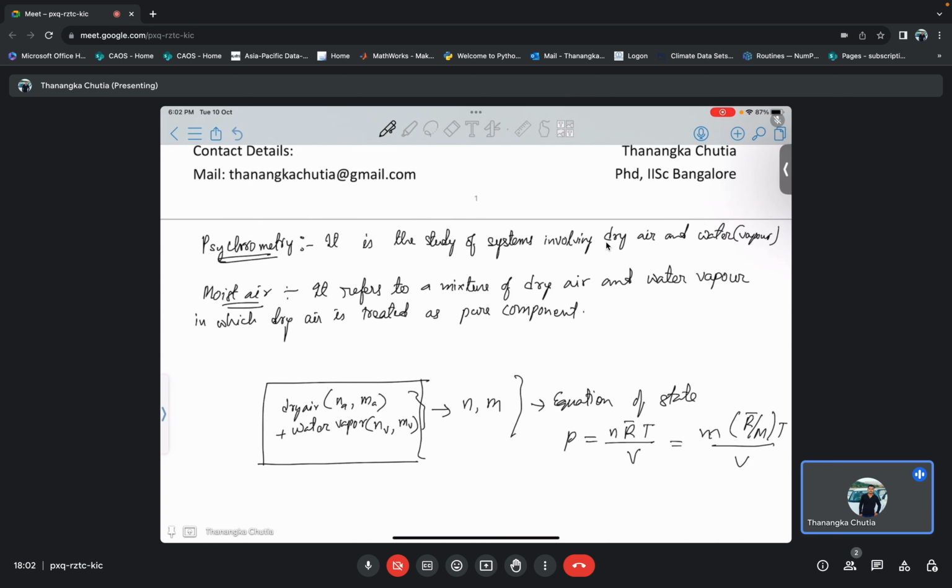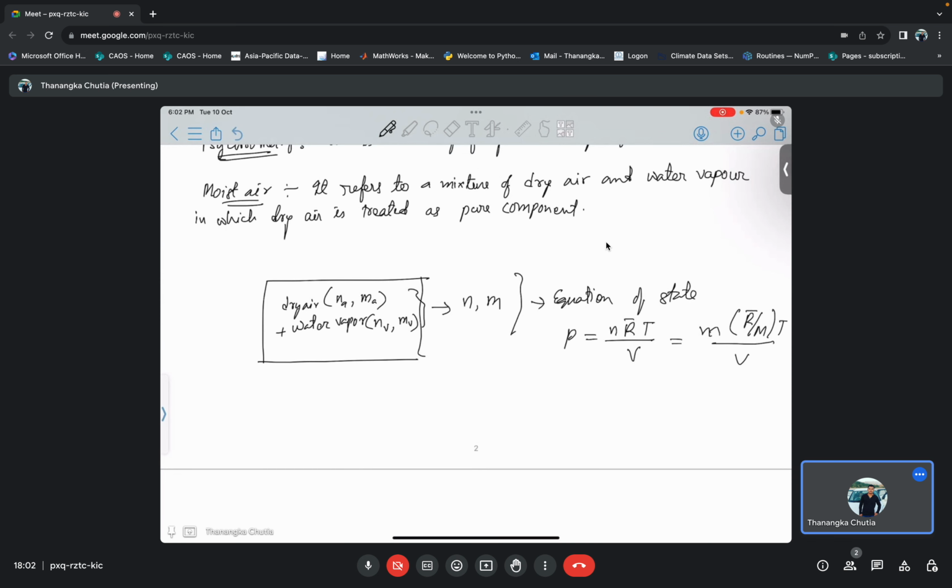Now from Dalton's law, we can write that the total pressure P is nothing but the sum of the partial pressures of the individual gases. There are two gases present, one is dry air and one is moisture. So the total pressure P can be resolved into PA and PV.